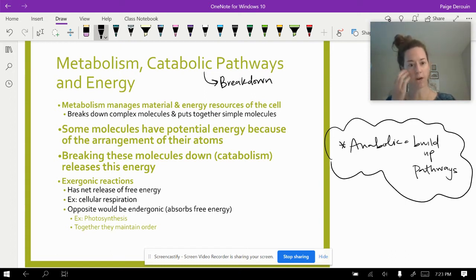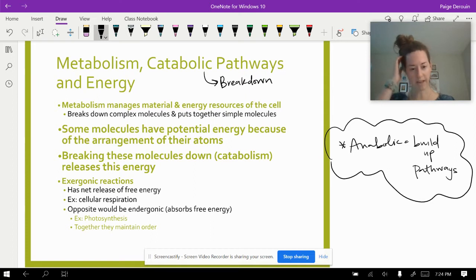Some molecules have potential energy just because of the way that they're arranged, and when the bonds between those atoms are broken, this releases energy. So typically, catabolic pathways release energy, and they're often exergonic, which means that energy is released, and a lot of times that's also in the form of heat.